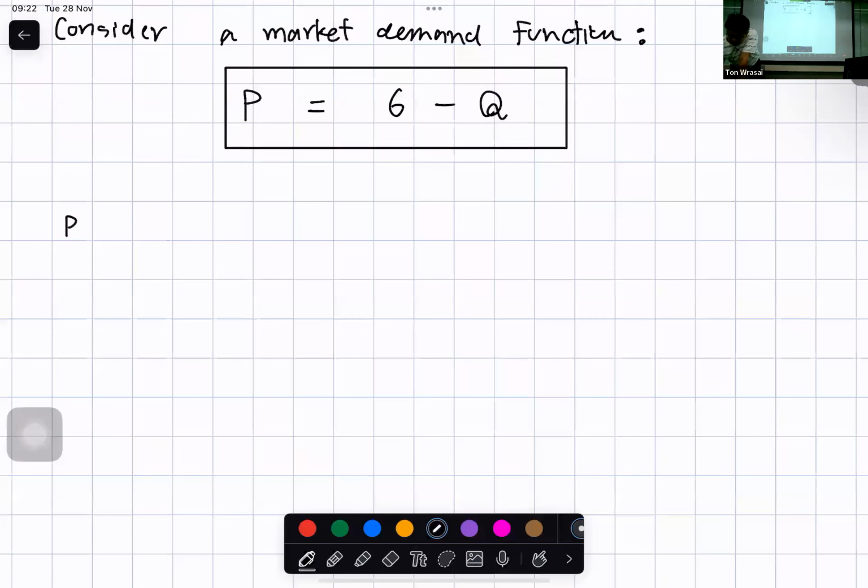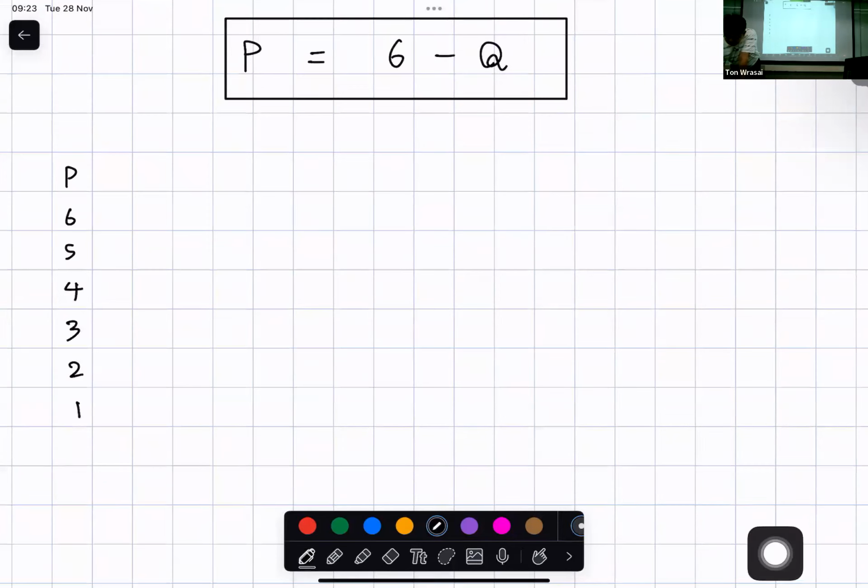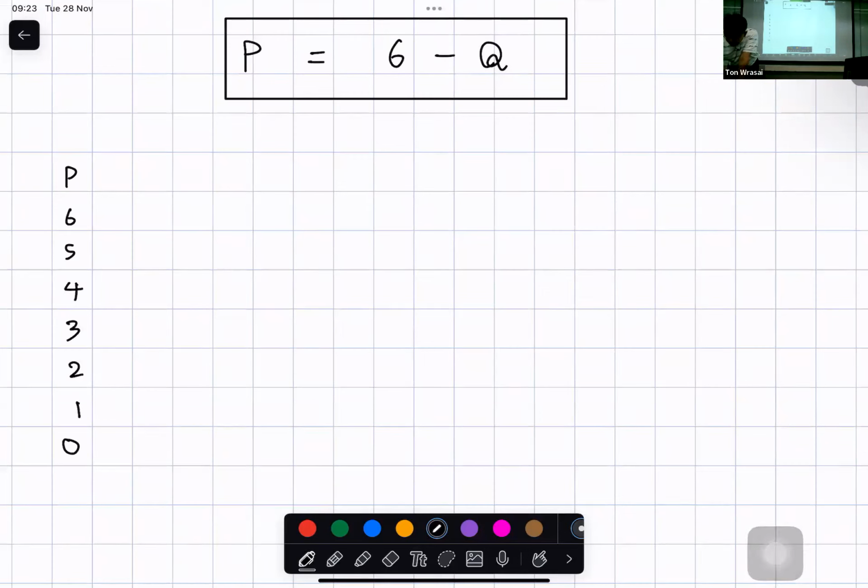Okay. Price. Q. So for example, if you were a monopolist and this is the market demand that you face, you may try to plug in P into this to see the corresponding Q. Okay, substitute.